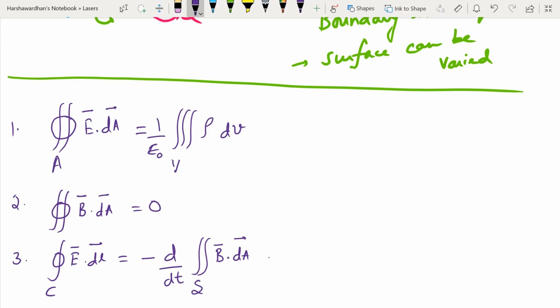Now this surface S is the open surface whose boundary is what we are talking about here. The negative sign here is the Lenz's law, right? And this is the Faraday's law. So the time rate of change of the magnetic flux actually produces this EMF.